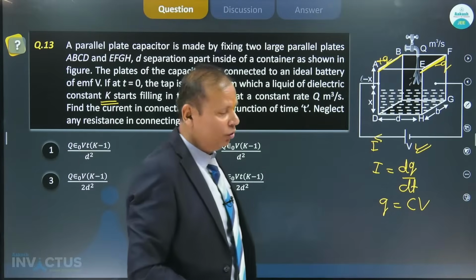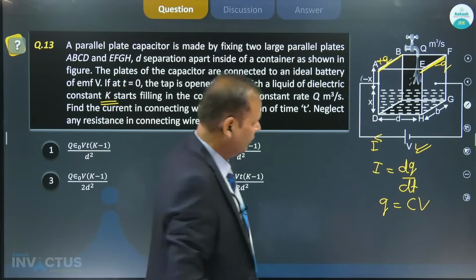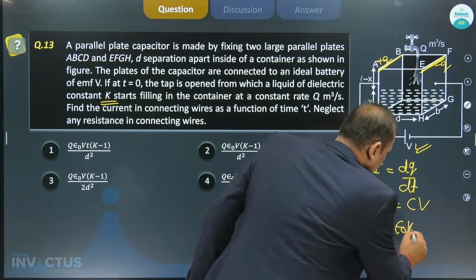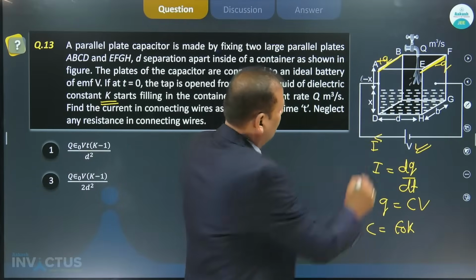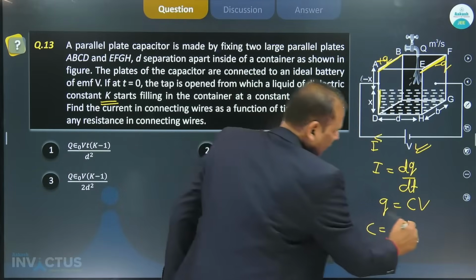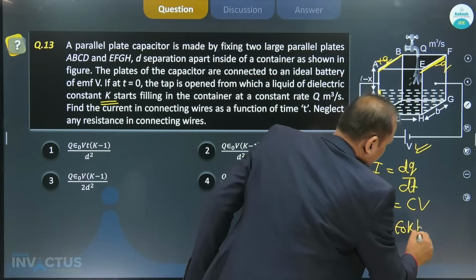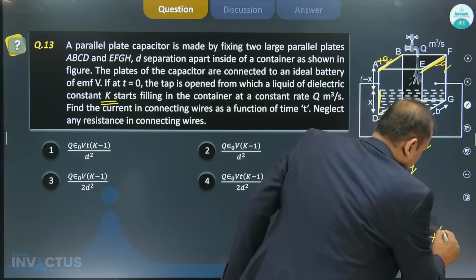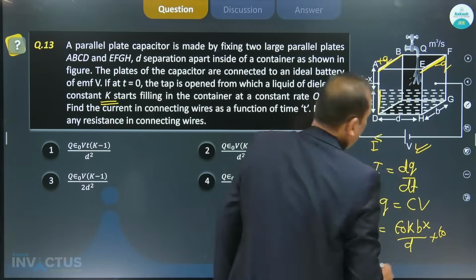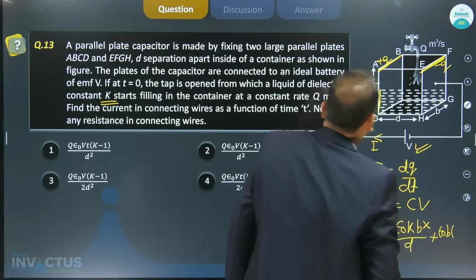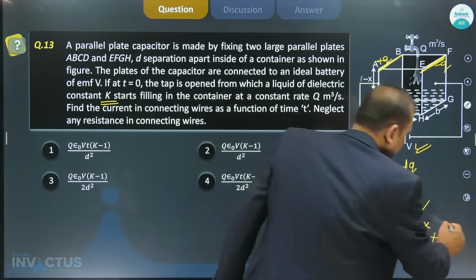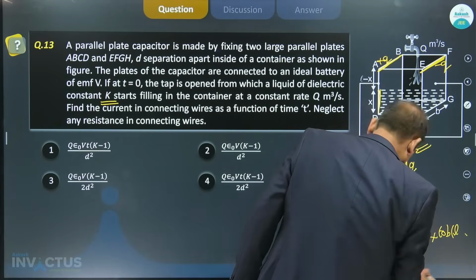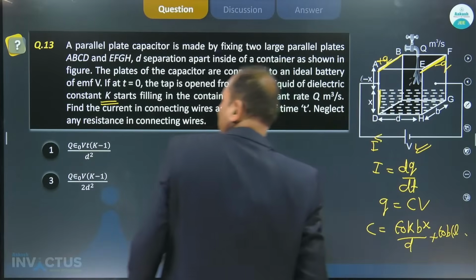So we have to write C. तो C is equal to epsilon naught K. अब यहाँ पर we are writing this portion K A Bx by D plus epsilon naught B L minus X. So we cannot write here. थोड़ा सा रुको.